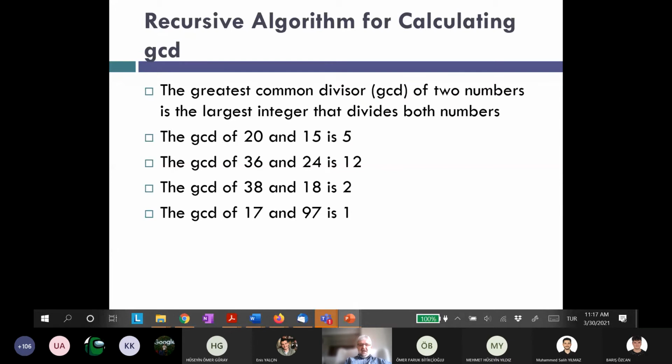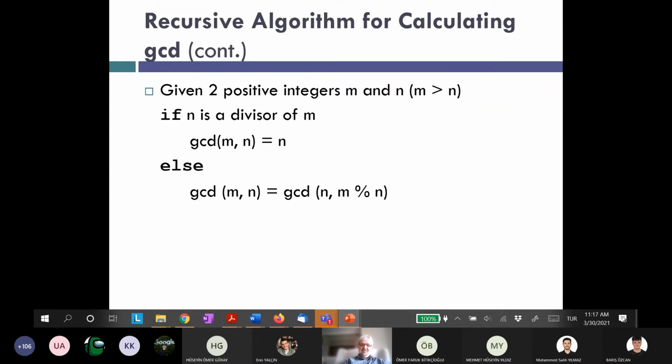Okay, you all probably know how to calculate the greatest common divisor. Greatest common divisor can be calculated by using Euclid's equation. This is a recursive definition. We know that the greatest common divisor of two integers m and n is equal to the greatest common divisor of n and m mod n.